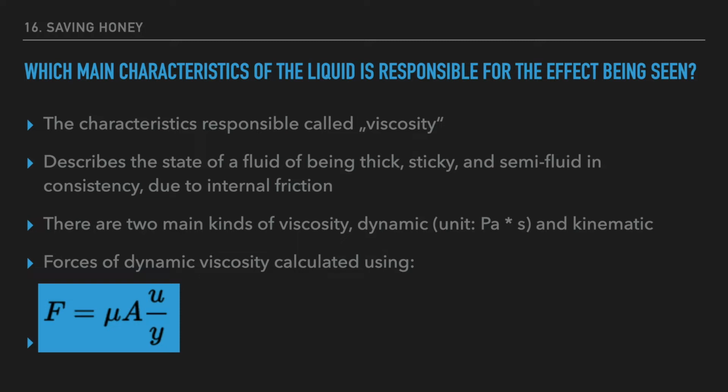There are two main kinds of viscosity: dynamic viscosity and kinematic viscosity. Dynamic viscosity is the one that is seen in effect here, and its unit is Pascal seconds. The forces can be calculated using a formula that you can see down here.